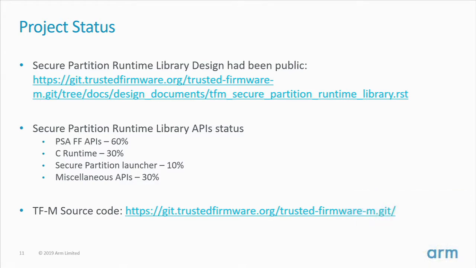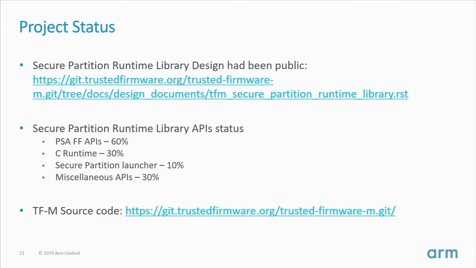The last one is about the project status. The designs about the secure partition runtime library have been published to trustedfirmware.org. And about the interface status, for the PSA FF APIs, we have almost finished 16%.